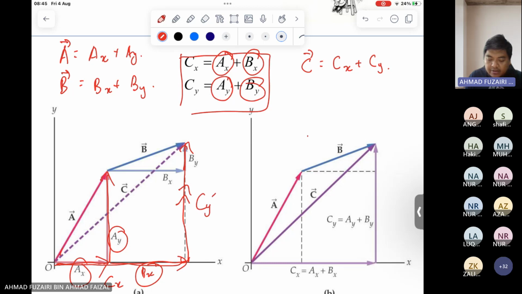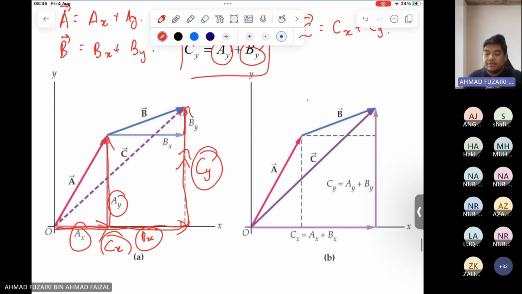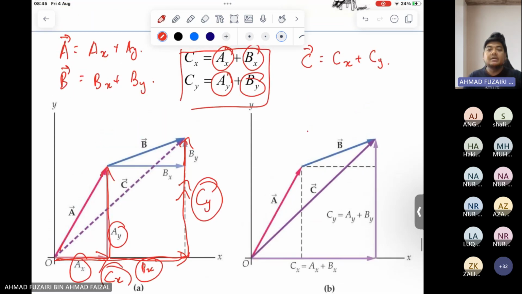So ini ialah CY. So itu secara lukisan lah. So in the end nak bagi tahu, kita kena differentiatekan X dengan X and Y dengan Y in order to solve the vectors using component. Kita nak solvekan vectors using component ni, kita bahagi dua macam tu.